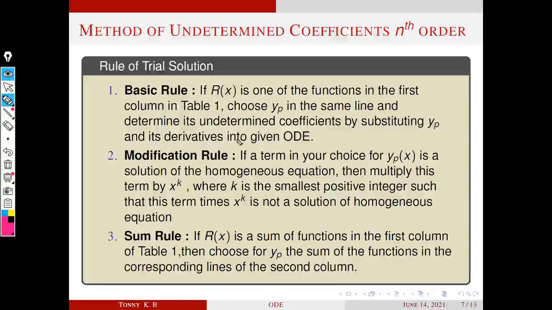So the basic rule is the same: you choose yp corresponding to the row in table 1. And what is the modification rule?